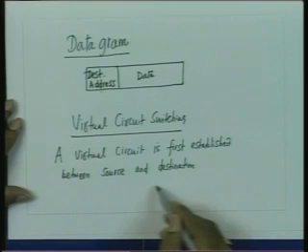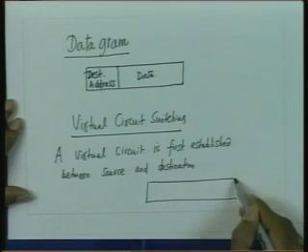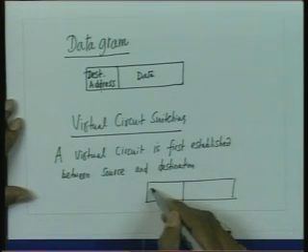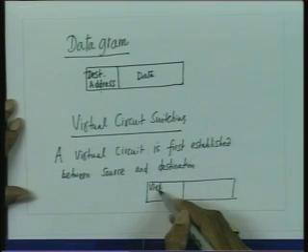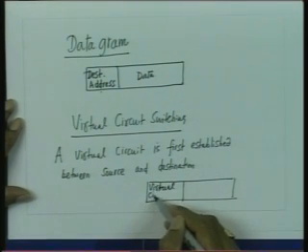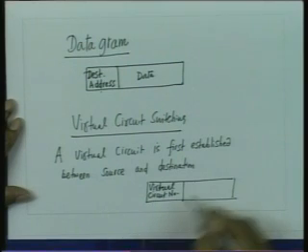Essentially, a virtual circuit is likely to exploit the capabilities of statistical multiplexing. Whenever the virtual circuit is first established between the source and the destination, the packets need not contain the entire destination address, but may just have to contain the virtual circuit number.